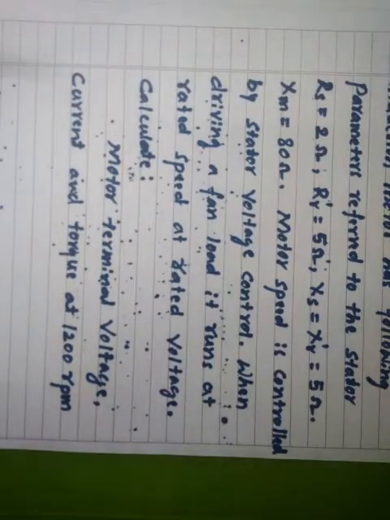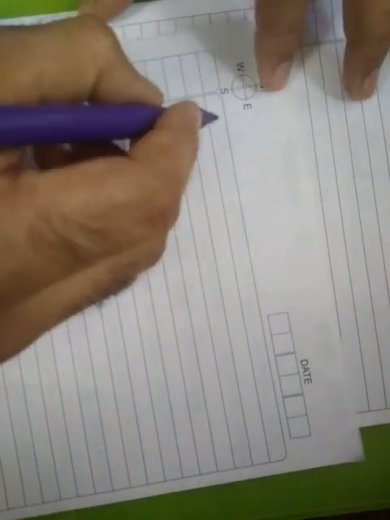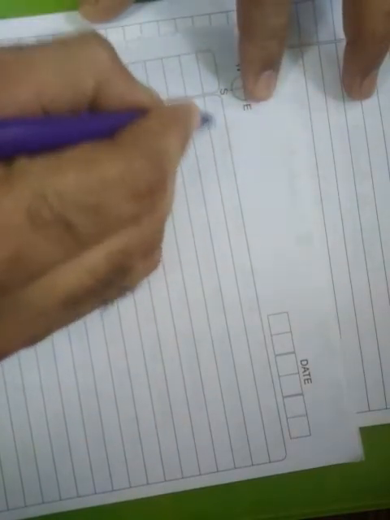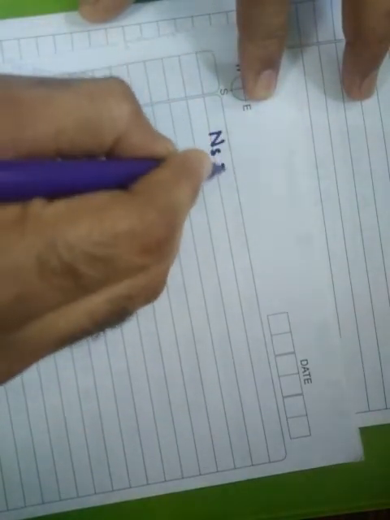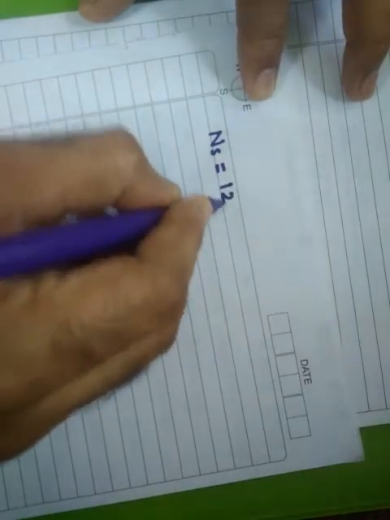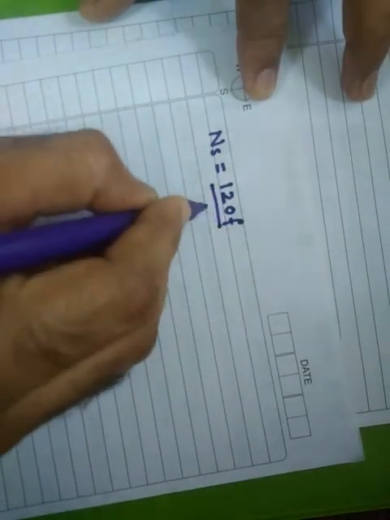First I will calculate the synchronous speed. Synchronous speed ns is equal to 120 f by p.